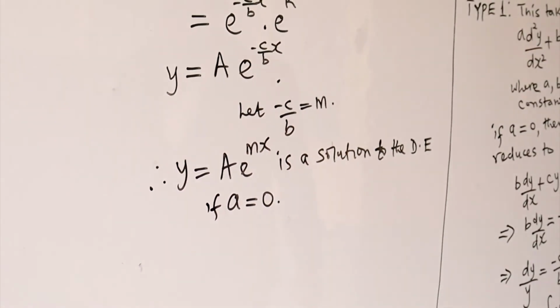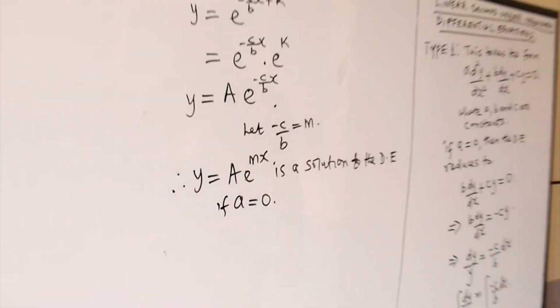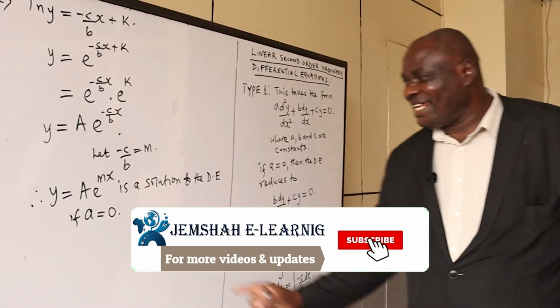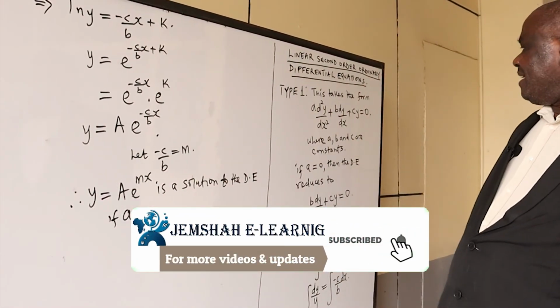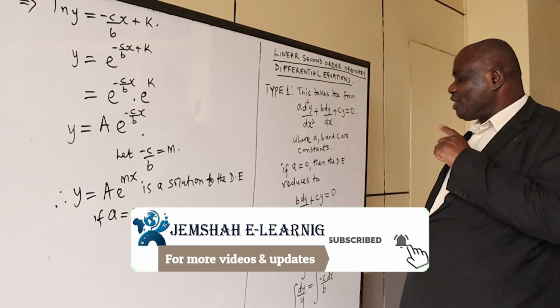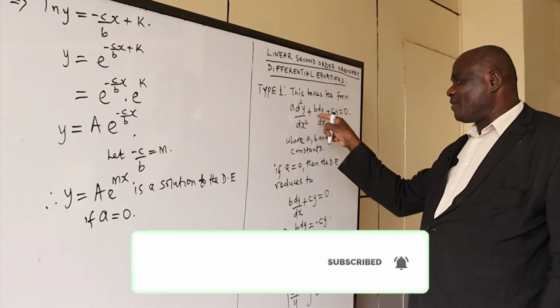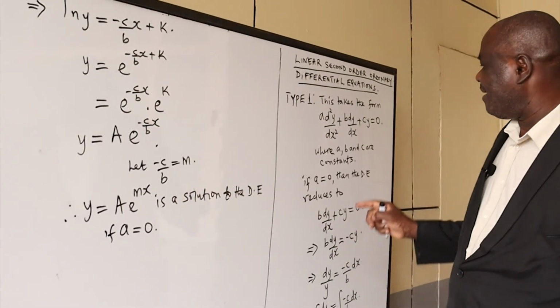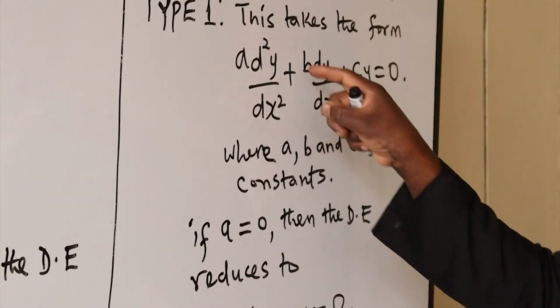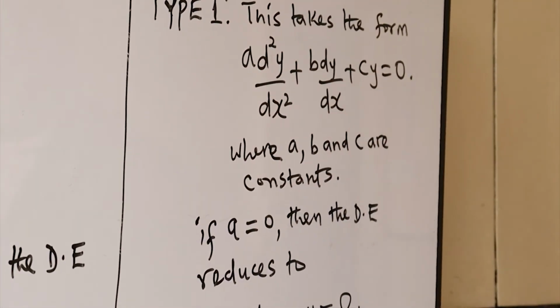Now, what about when A is not 0? And y now takes that format. Now, we substitute the value of y into our equation that was stated as our type 1.